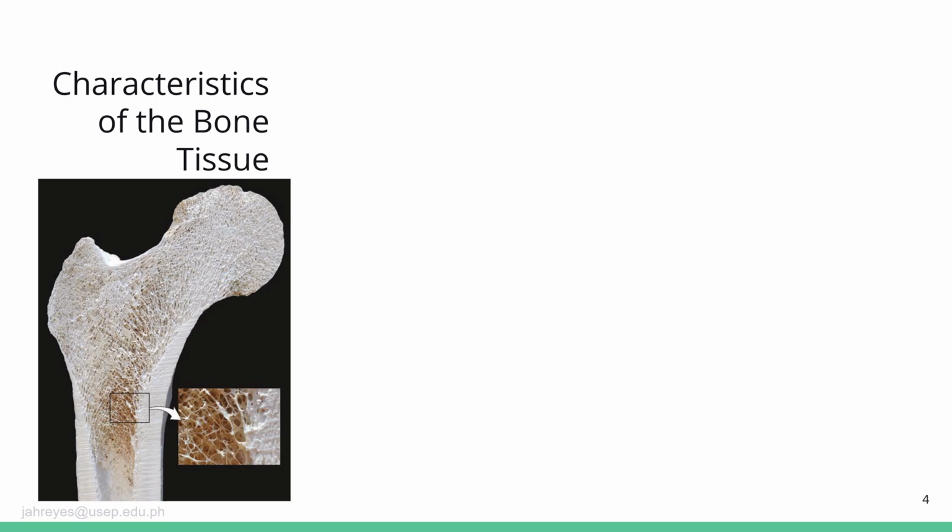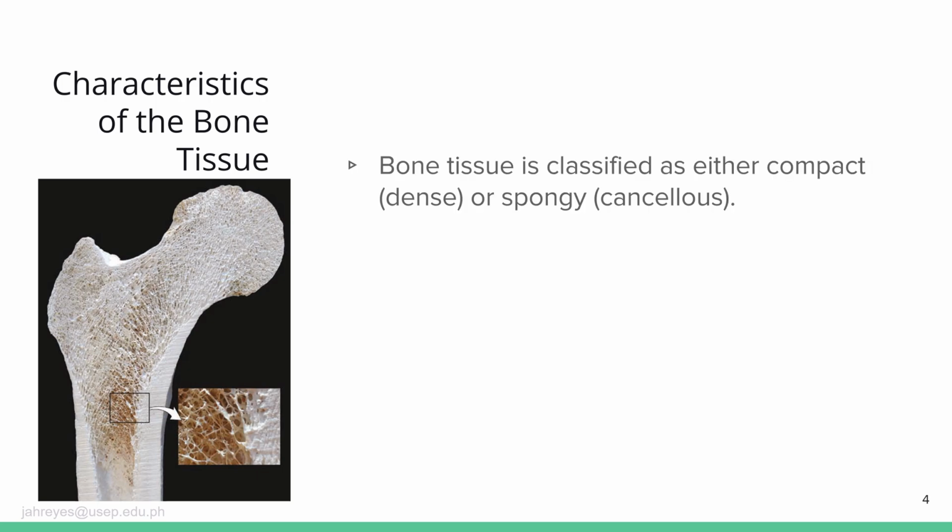Typically, if you cut a bone, you will notice two distinct structural arrangements, referred to as the compact bone and the spongy bone.